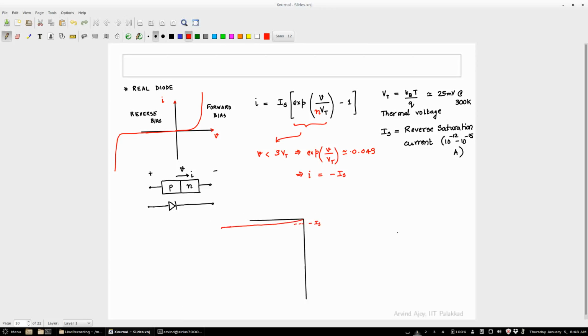That would be minus IS. And how would the breakdown appear? It's almost flat, and then you would see something like this.